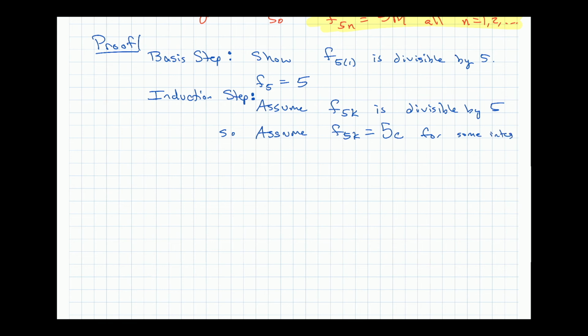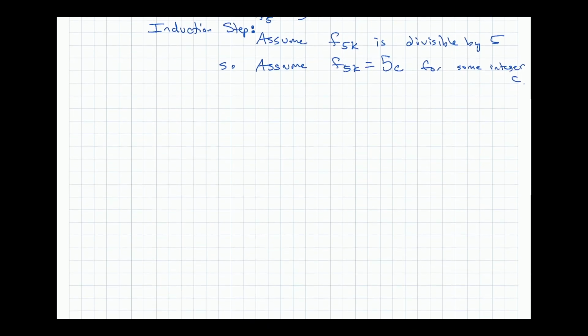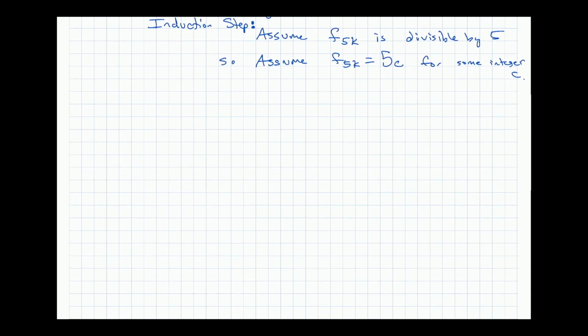Some integer c. Now, if this was strong induction, then I would have to assume that f5k, f5k minus 1, f5k minus 2, all of those are divisible by 5, but I don't think we need it. So let's just assume f5k is 5c for some integer c.